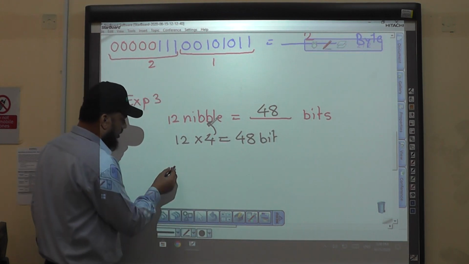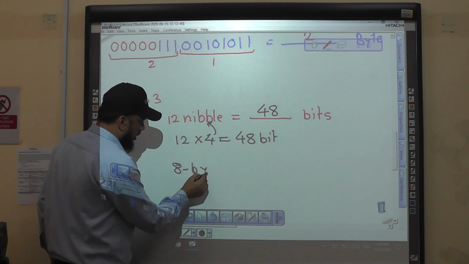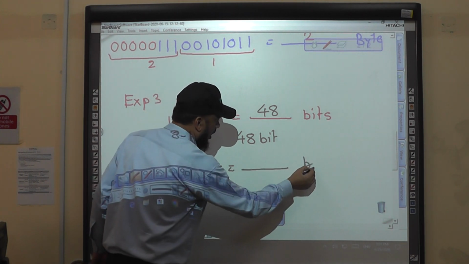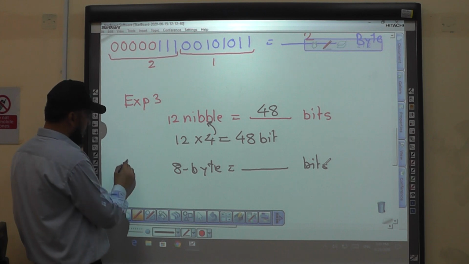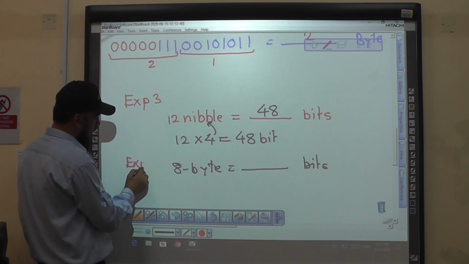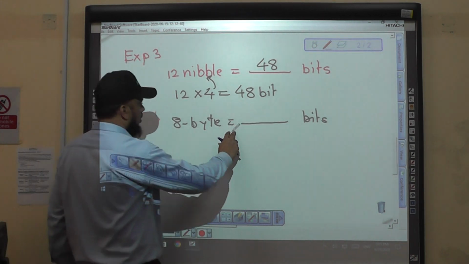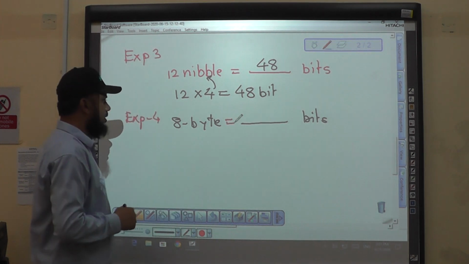For example 4, 8 bytes equal to how many bits?